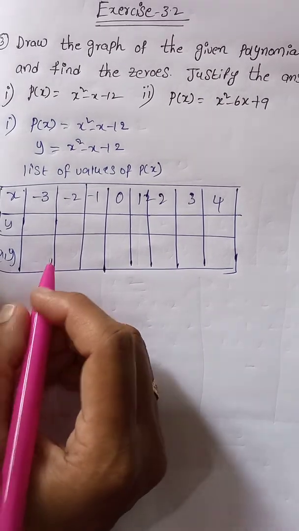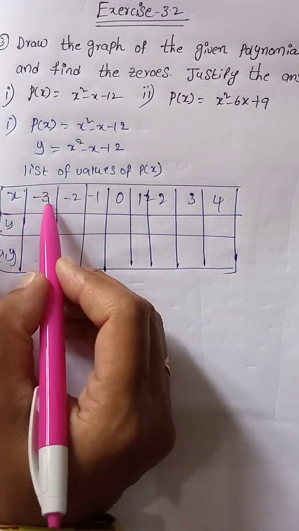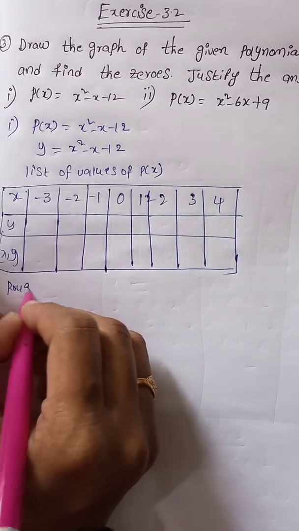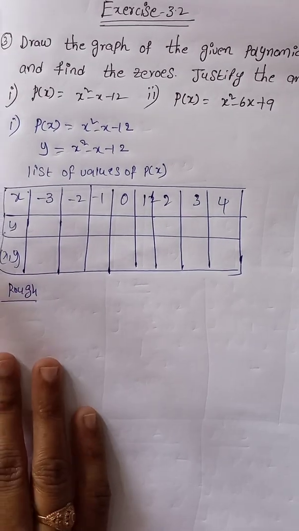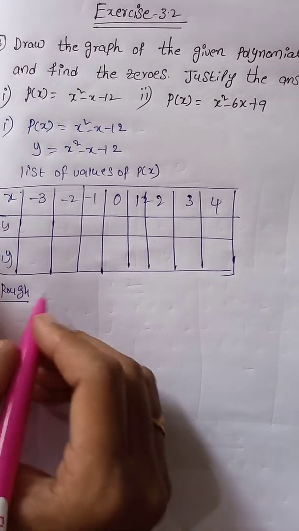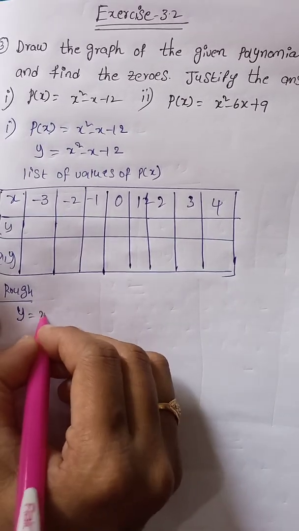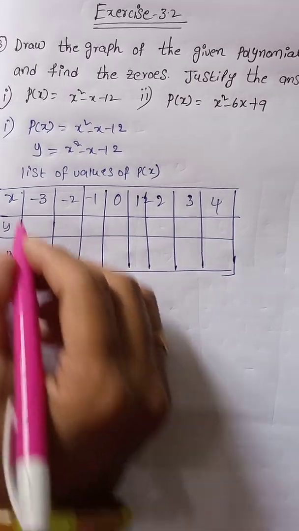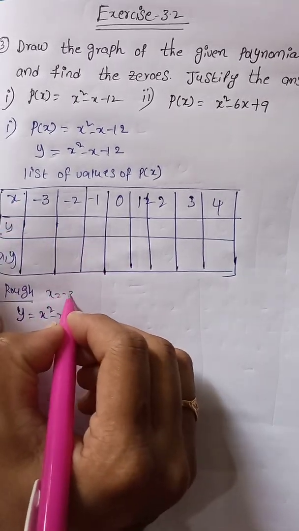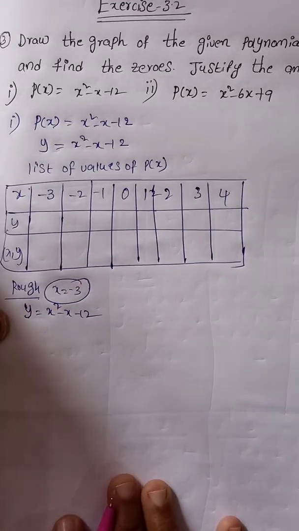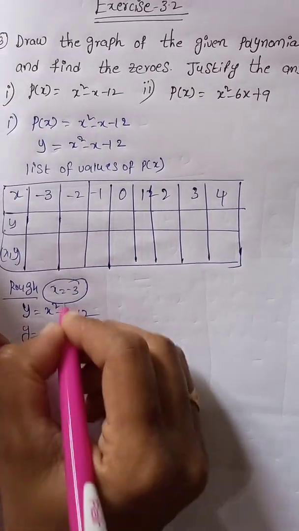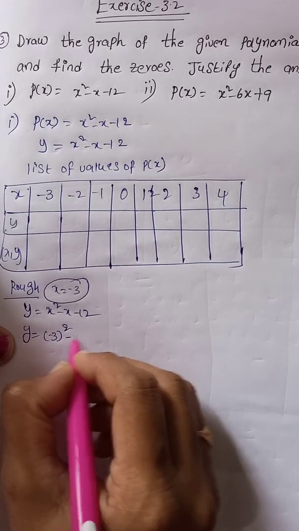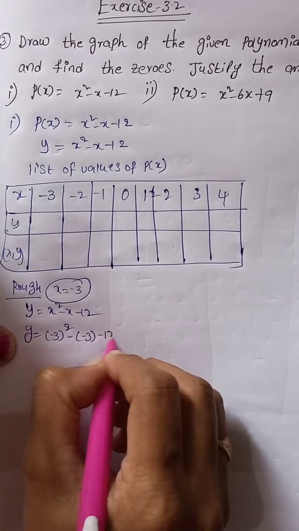First substitute x equals minus 3 in the given polynomial. Here I am doing rough work. The given polynomial is y equals x square minus x minus 12. Substituting x equals minus 3: y equals minus 3 whole square minus of minus 3 minus 12.